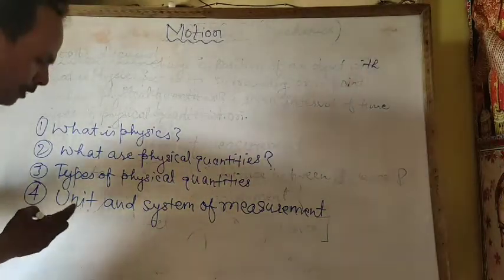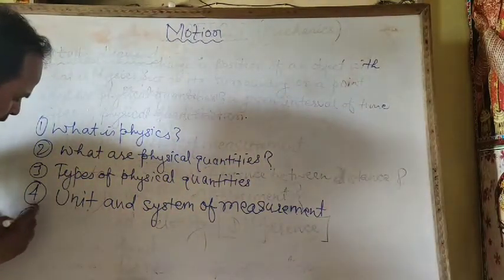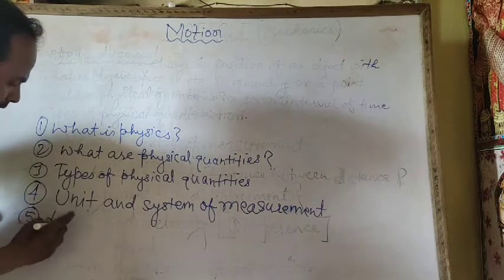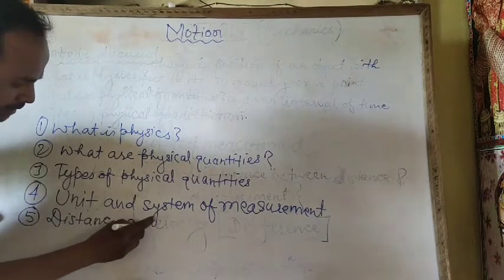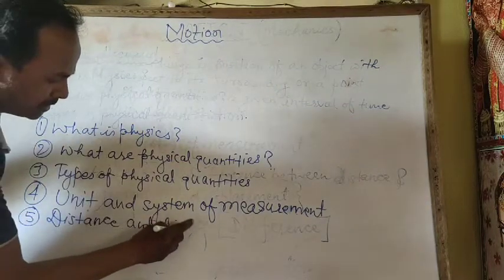Now, the fifth thing that is related to the topic motion: what is distance and displacement.